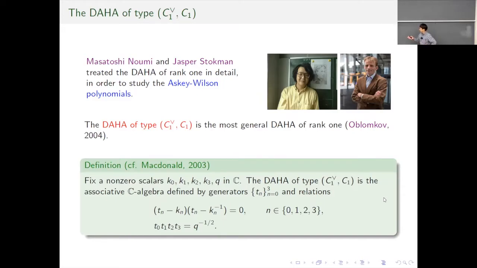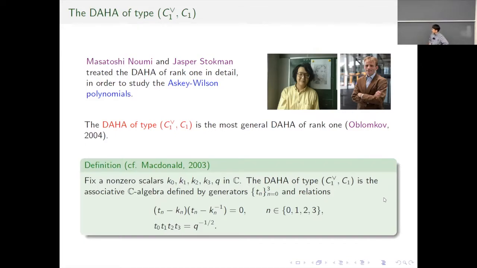Our generators are T0, T1, T2, and T3. The relations are (Tn minus Kn)(Tn minus Kn inverse) is equal to 0 for all n = 0, 1, 2, 3, and the product T0 T1 T2 T3 is equal to q to the negative 1/2.